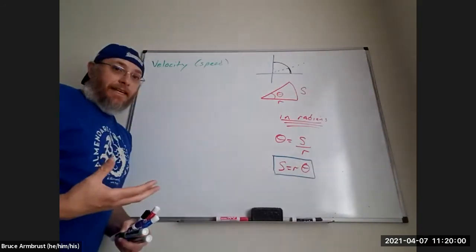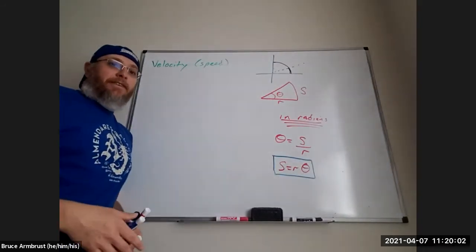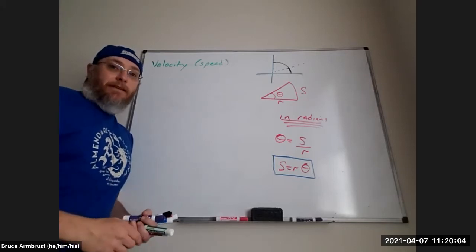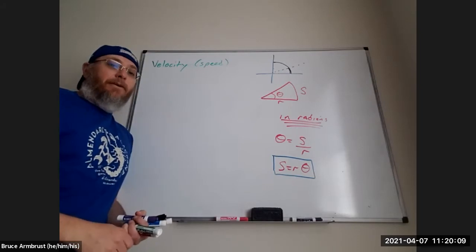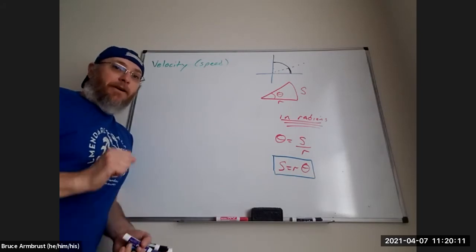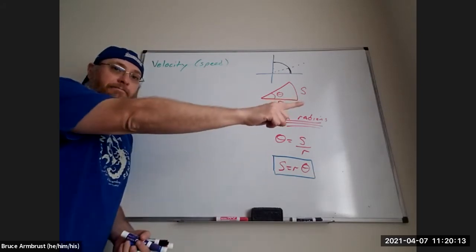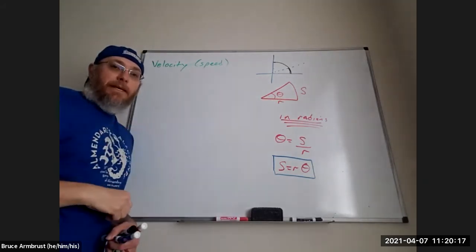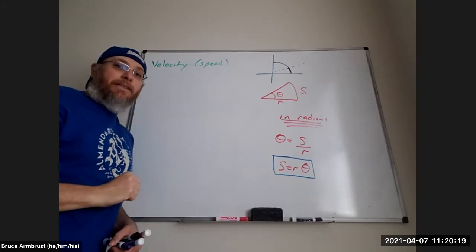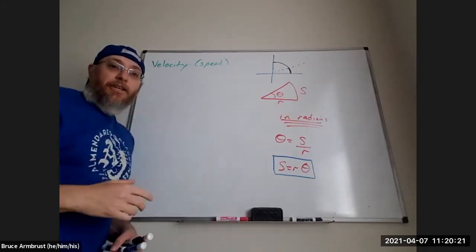Now, velocity also has a direction entailed with it. So if we're going to talk about your velocity, you'd say, I'm going 50 miles an hour that way. If you just say you're going 50 miles an hour, you gave me speed. If you say I'm going 50 miles an hour in that direction, you just gave me velocity.